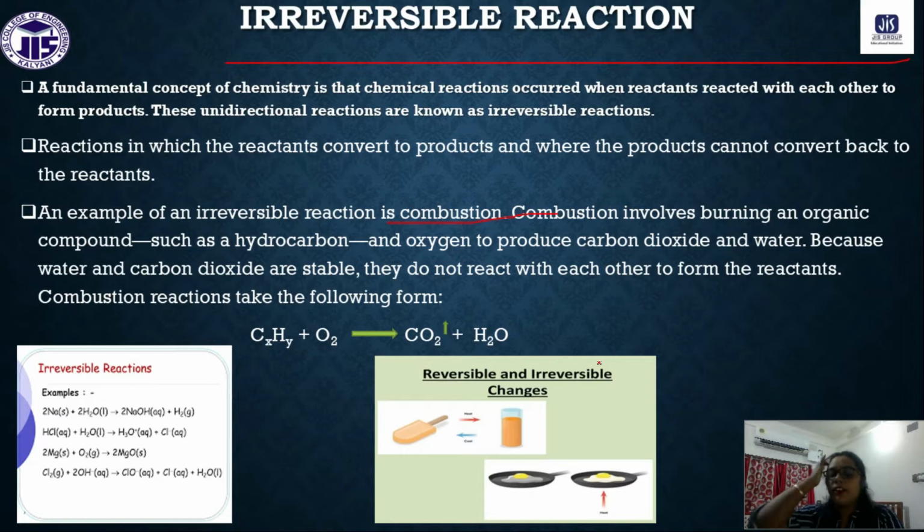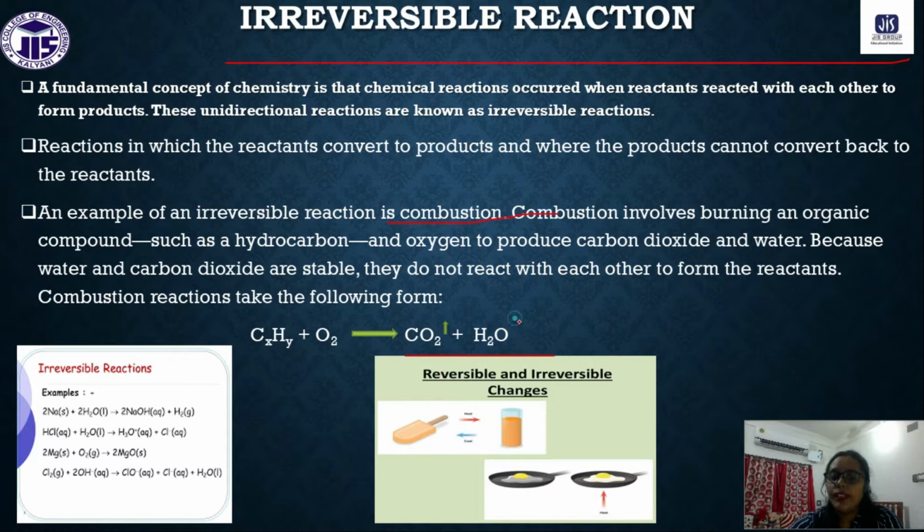If we are burning fuels like petrol, diesel, kerosene, or any type of hydrocarbon, what will happen after burning? They will convert into carbon dioxide and H2O. Now this carbon dioxide and H2O cannot combine with each other to form the hydrocarbon again.